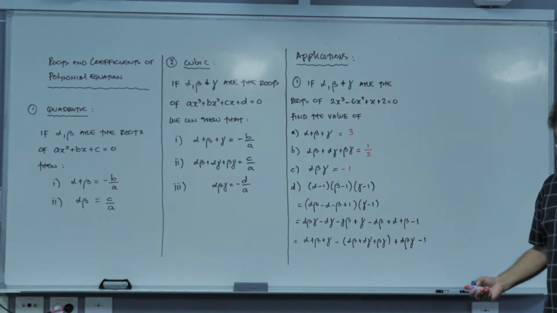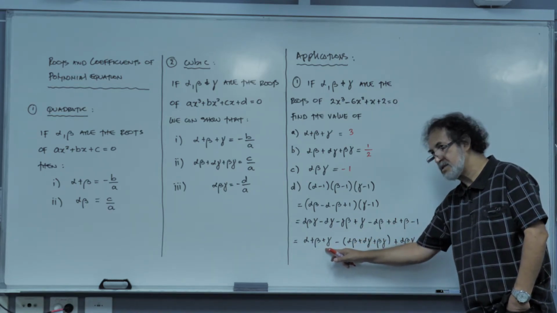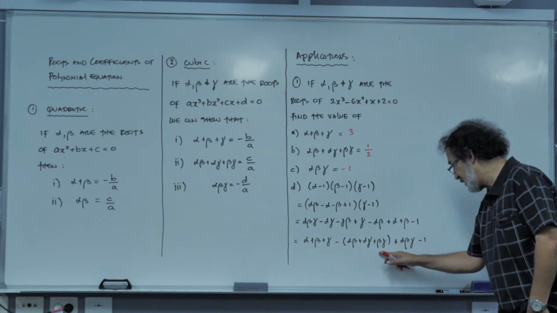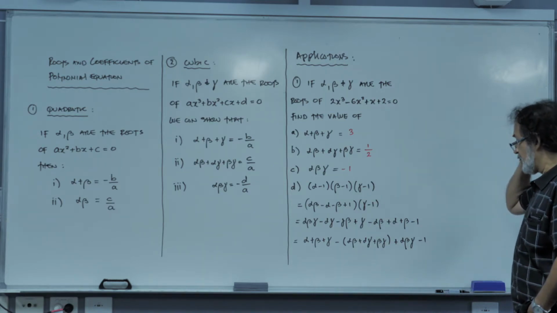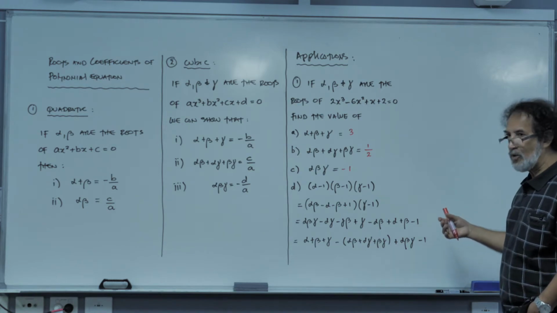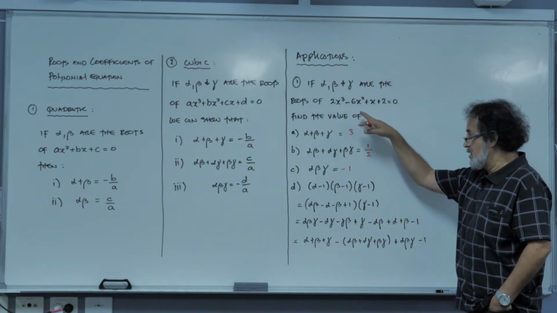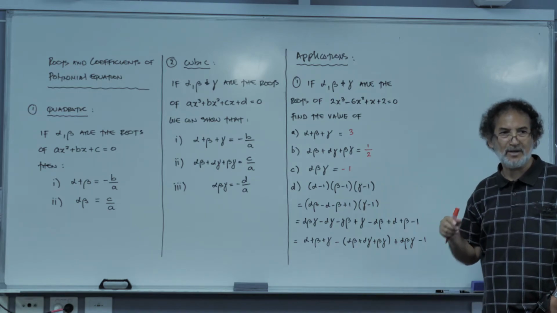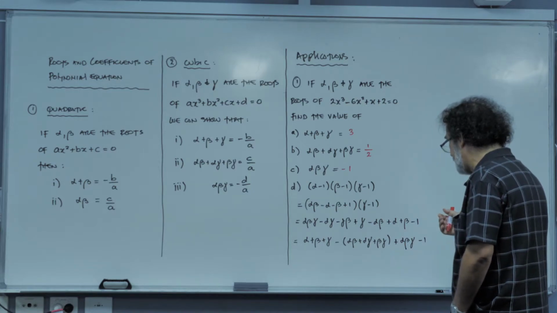Okay, now it's really, really good, because we know the answer for this, we know the answer for this, and we know the answer for that, right? So be aware that there are a lot of questions in which you're going to have to manipulate the expression until you can use some of these or some other stuff that you can find.